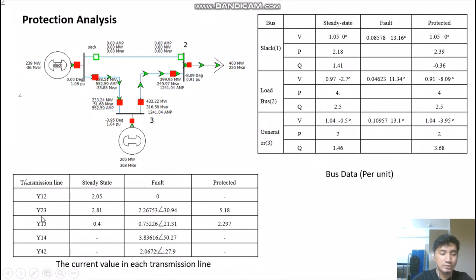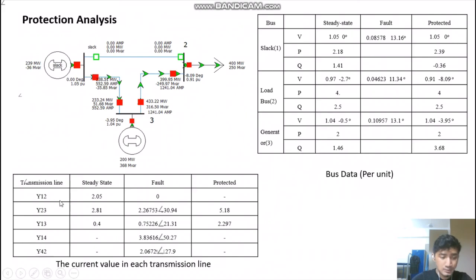For Y23, it is 2.18, during the fault it is 2.26753, and when protected it increases to 5.18. For transmission line Y13, steady state is 0.4, it changes during the fault to 0.5228, and after protection it increases back to 2.297.